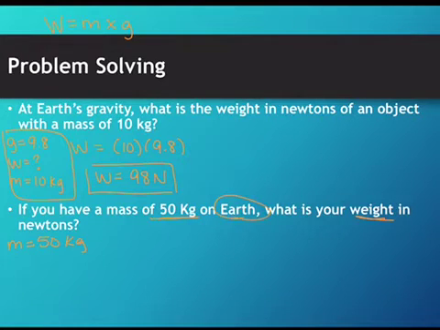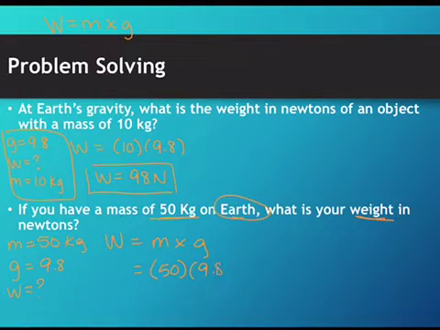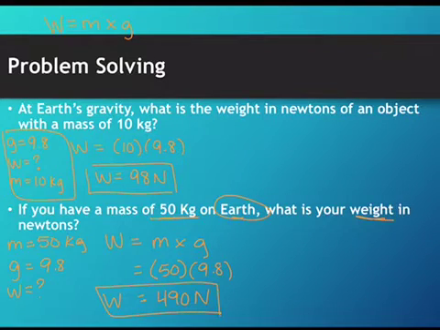It indicates that we're on Earth, so we should know our gravity is 9.8, and it wants us to calculate our weight. So using our formula, weight equals mass times gravity, we can simply plug in our 50 for our mass and our 9.8 for gravity, throw it in your calculator, and you'll find that weight is 490 newtons. So make sure you have a calculator accessible for when you're doing these problems.